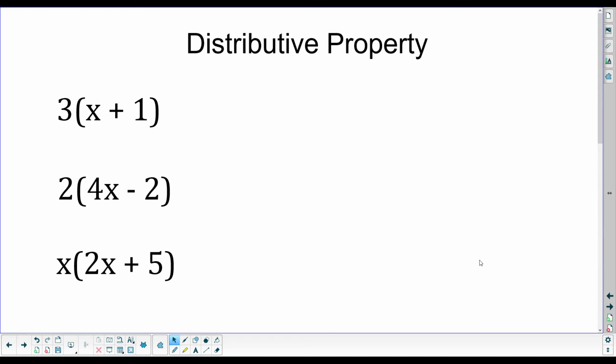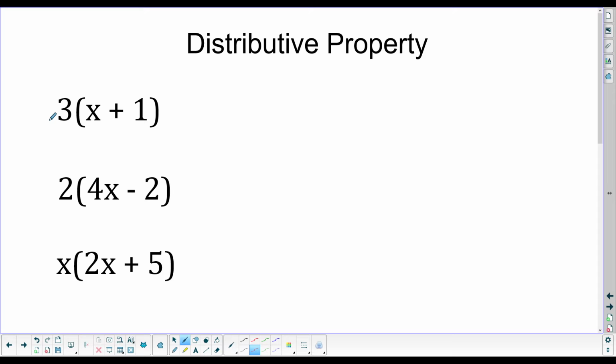So let's get going. First of all, just a quick review of the distributive property, right? We've done this before, and hopefully you're pretty proficient with it. When we have a number, or something, multiplied by a polynomial expression. So this polynomial expression is x plus 1, and so this is a linear binomial multiplied by a constant monomial.